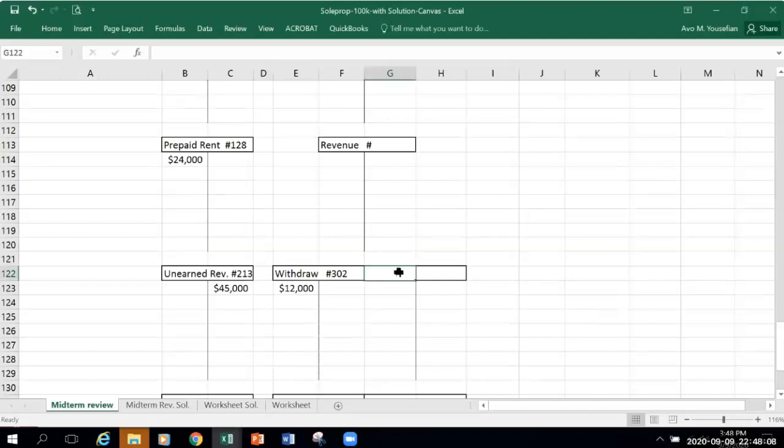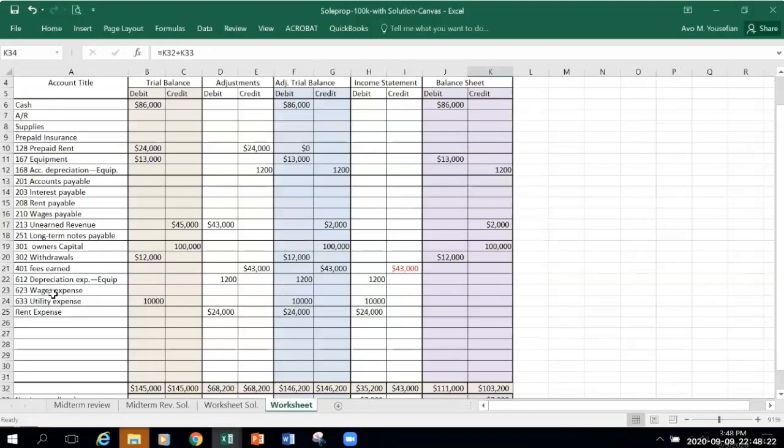We don't have one, so rent expense, which is account number what? Let's look in the worksheet, account number. There's no account number. It's okay, let's make up one.